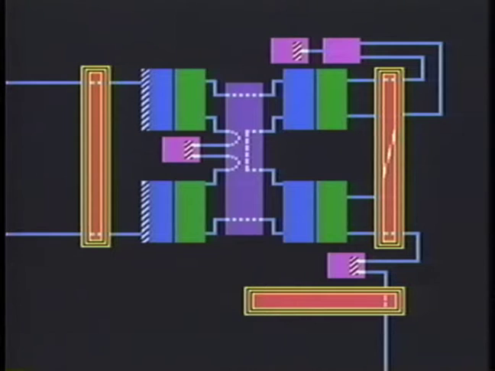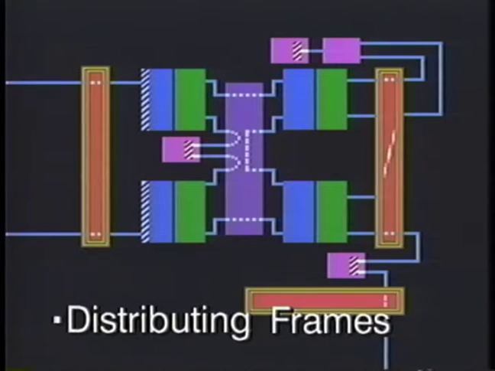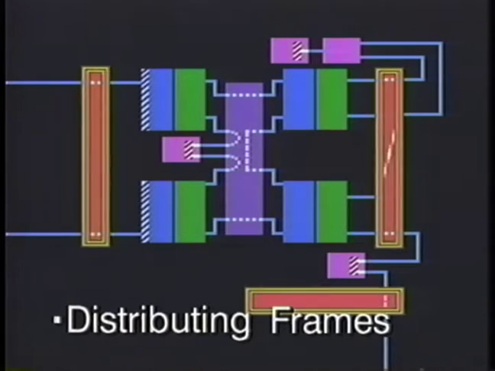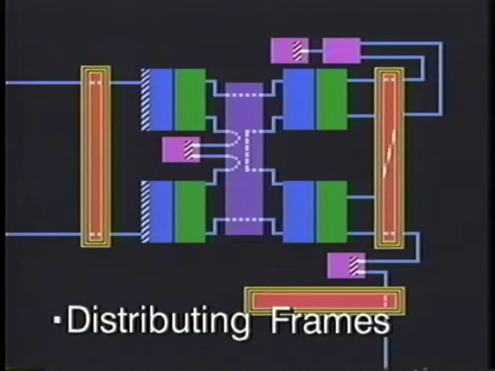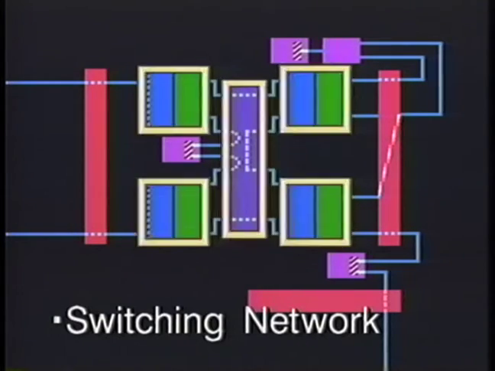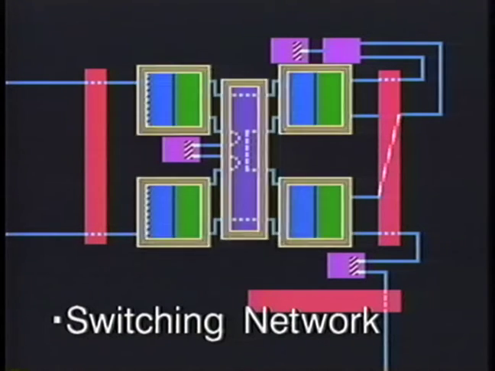The peripheral equipment can be divided into three key groups. The distributing frames. They connect lines and trunks to the analog switch. The distributing frames are often considered to be separate from the switching system. The switching network. It is a series of interconnected switch frames that provide switched service to lines and trunks.